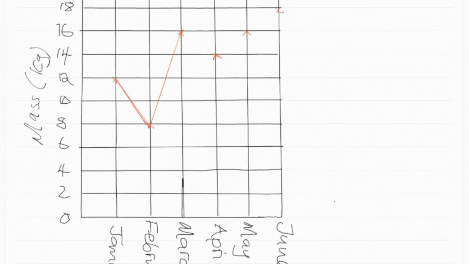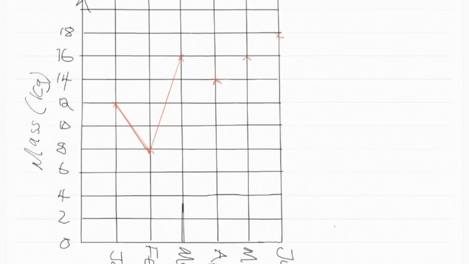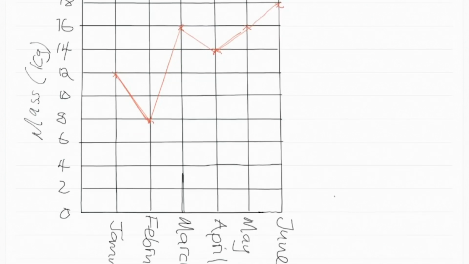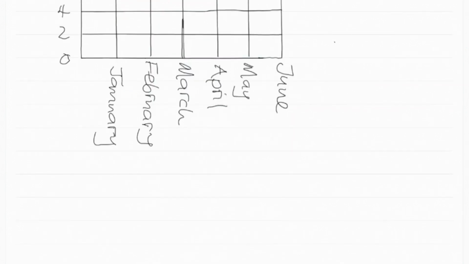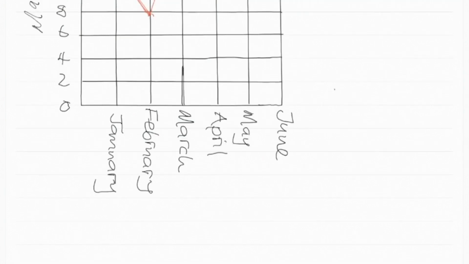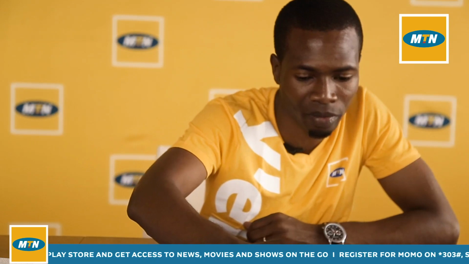And you also join there. And finally, there. So basically that is how you complete that particular graph to show how the mass of the child was in these months that are given. That is your answer for question 5D, where you've been asked to complete the given graph.